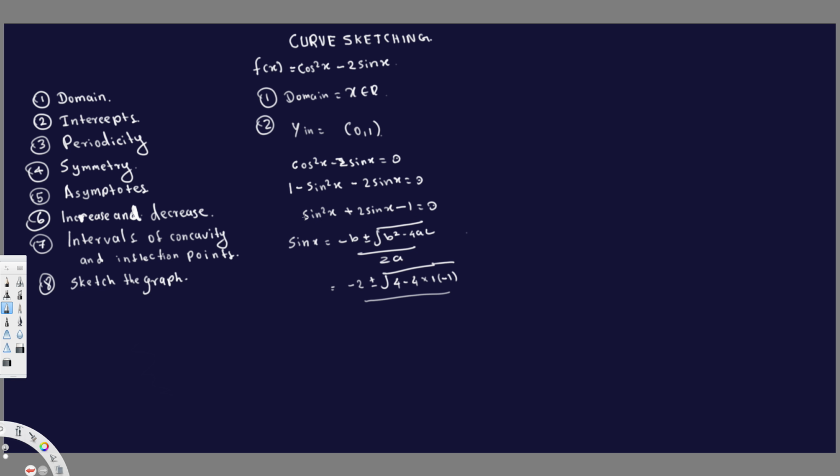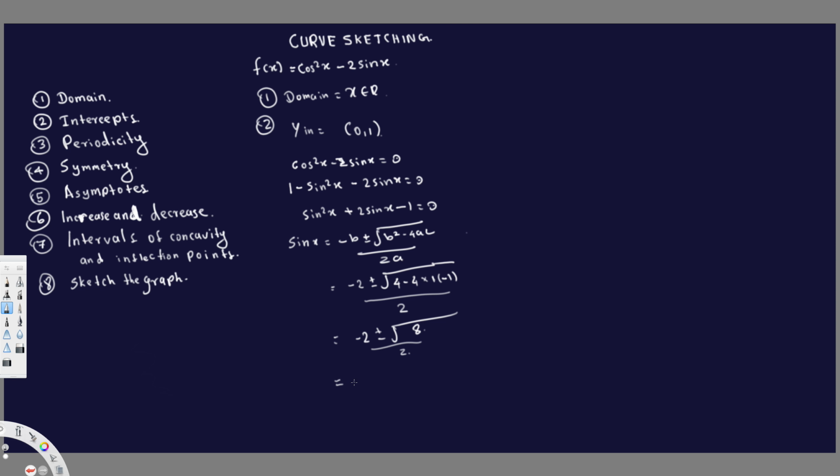So a is 1, so it's just 2. Then it's minus 2 plus or minus the square root of 4 minus 4 times minus 1. That's plus 4, so this is going to be 8, then divided by 2.